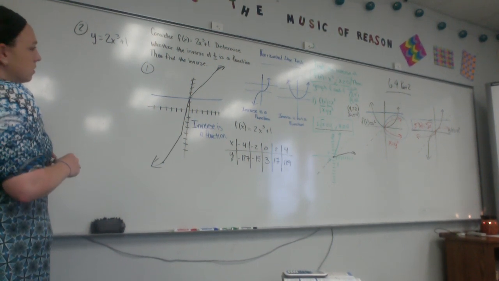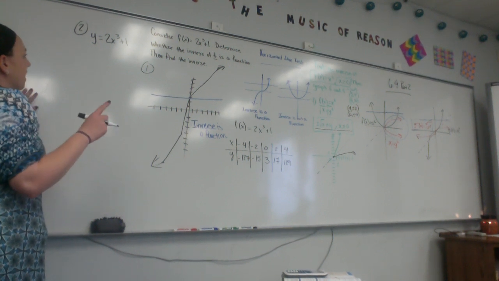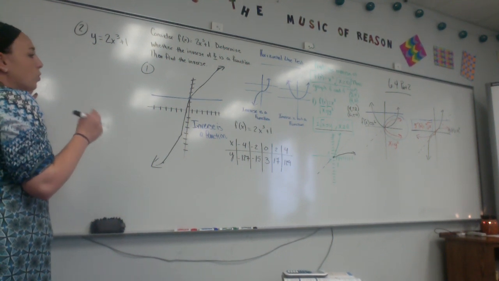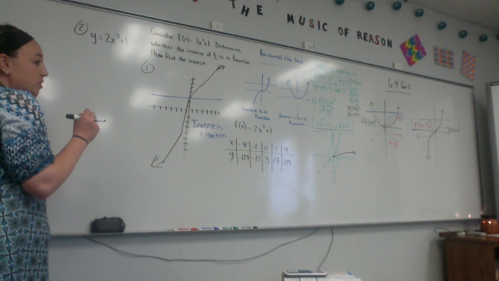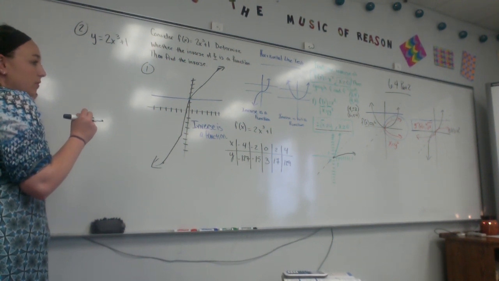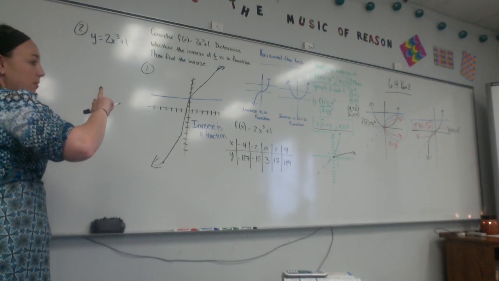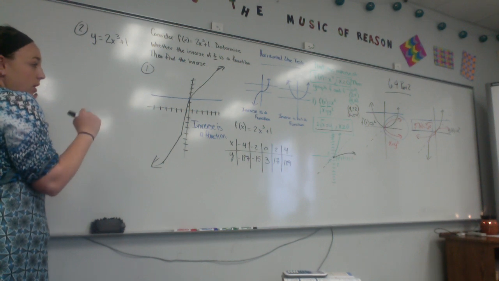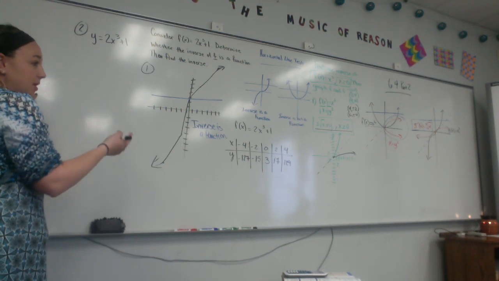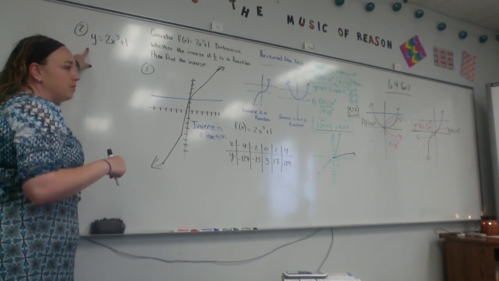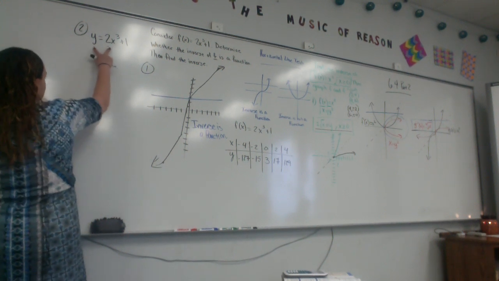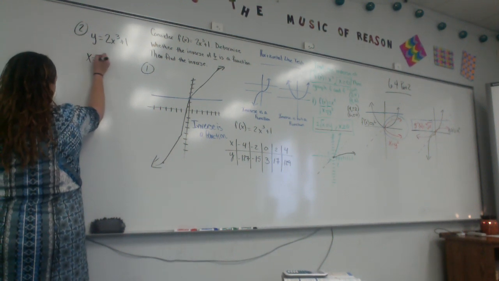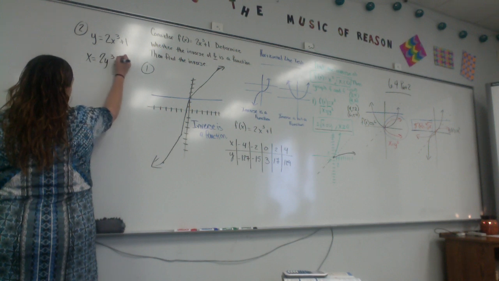I replaced f of x with y. So what do you have to do to find the inverse? You have to first flip x and y. I still have to flip them. Just because you plugged y in doesn't mean you flipped it. So I flip x and y so that x equals 2y cubed plus 1.